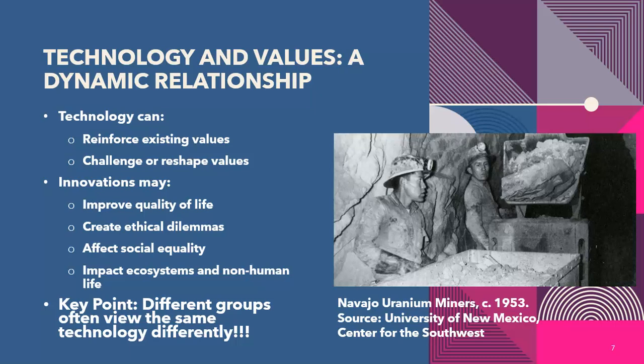Technological development can reinforce existing values, but it can also challenge or reshape them in profound ways, just as the technologies we choose to develop are always a byproduct of the values we hold dear. It's also important to recognize that different individuals and communities may prioritize certain values over others, and those values may vary in their relative importance based on social and cultural contexts.